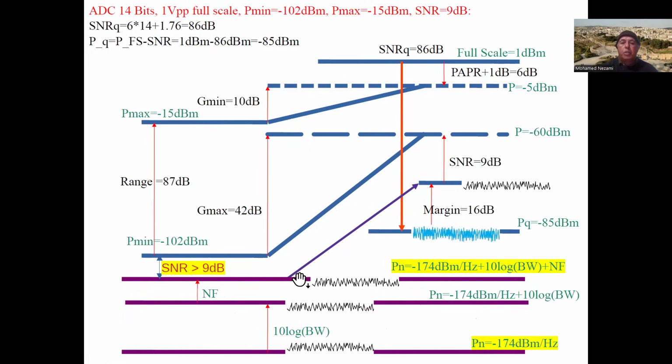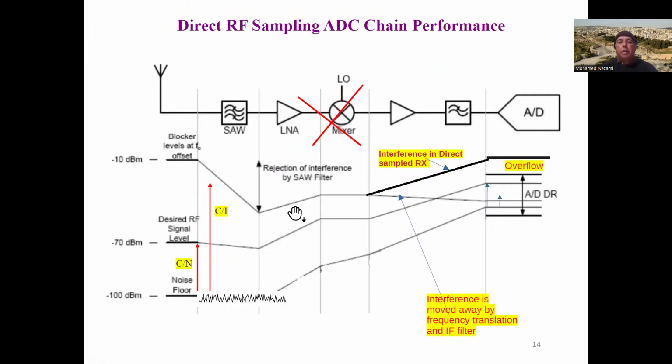Now, of course, this is the background. We know that the minimum signal in here has to be at least that much above it. Okay, 9 dB. Okay. All right.